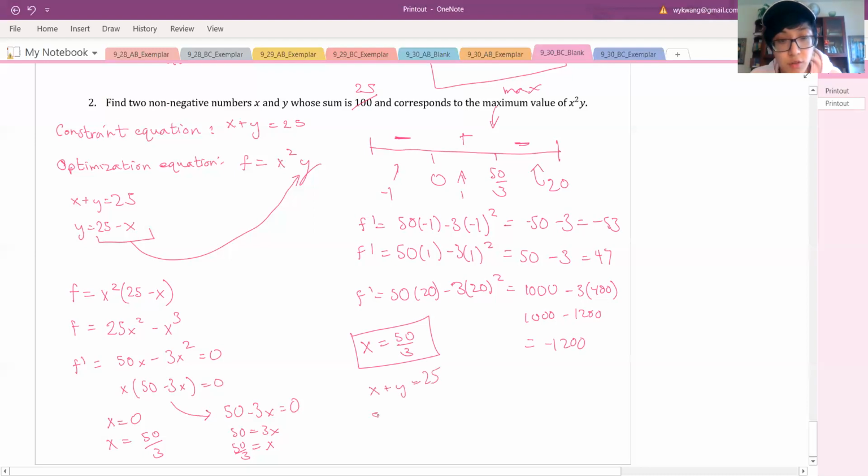So 50 over 3 plus y is equal to 25. So y is equal to 25 minus 50 over 3. I'm not going to do the exact math for that, although you can. So those are our two values for x and y. And that is it. So hopefully that made sense.